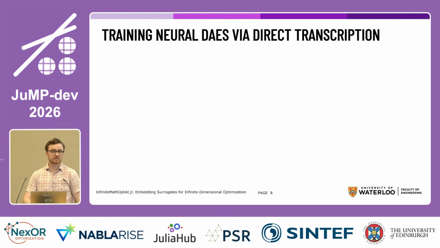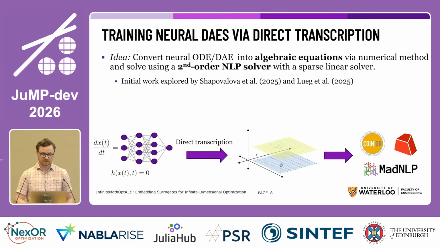Okay. So how does this work exactly? So the basic idea is you convert your ODE or DAE into a system of algebraic equations. This is transcription, or in other words, discretization. And then we can solve it with a choice numerical method like orthogonal collocation or finite difference or something like that. Then we can solve it with, for example, a second order NLP solver, such as IPOPT, or now with MadNLP on GPU.